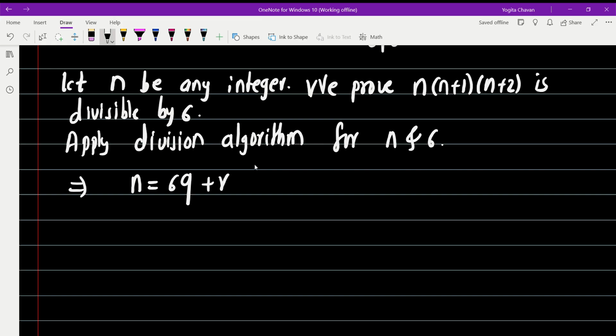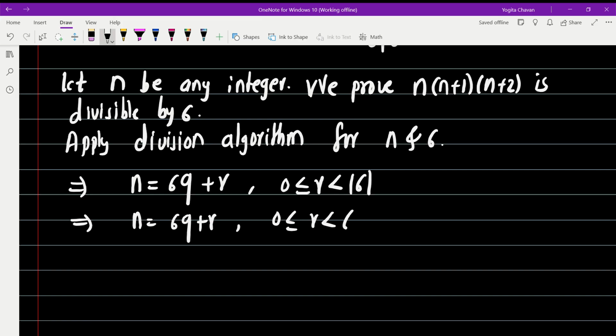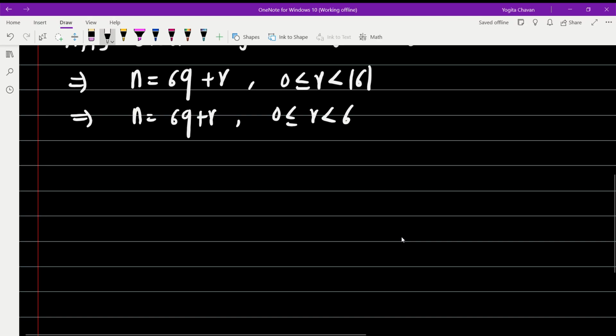And what is the condition on the remainder? Where 0 less than or equal to r strictly less than modulus of 6. That is, n is equal to 6q plus r, with condition 0 less than or equal to r strictly less than 6, because modulus of 6 is 6. Now note that r lies between 0 and 6 and r is an integer.